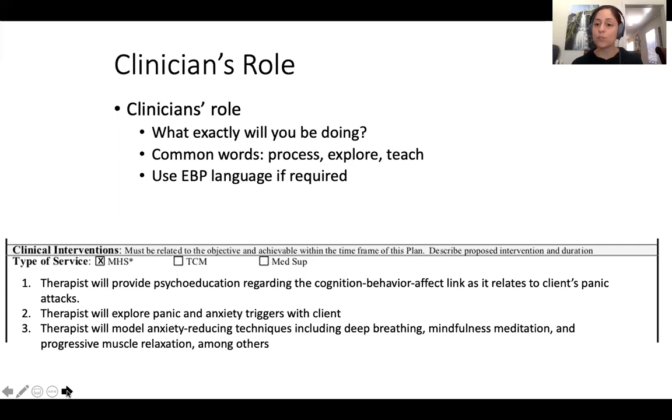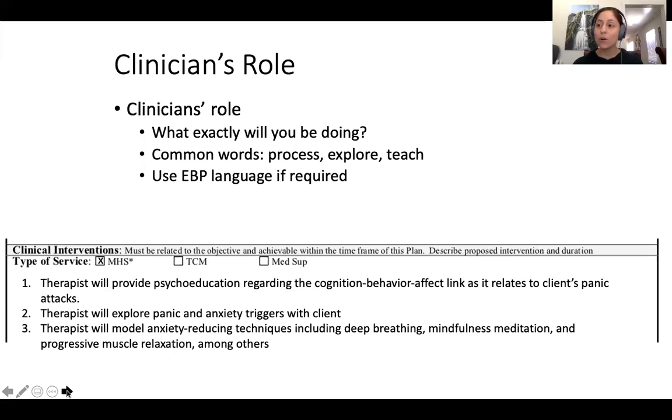So in the clinician's role section of your treatment plan that you create, you must include 3 things that you are going to do to help the client meet their goal.